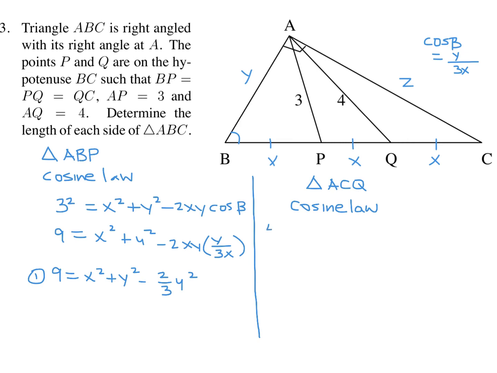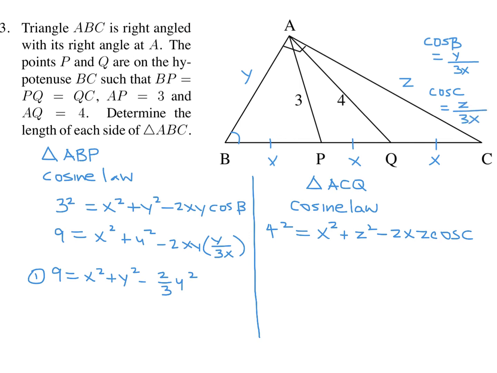4 squared this time is equal to x squared plus z squared minus 2xz cos of C. Cos of C we can get pretty easily. It would be, again, adjacent over hypotenuse, which is z over 3x, right?